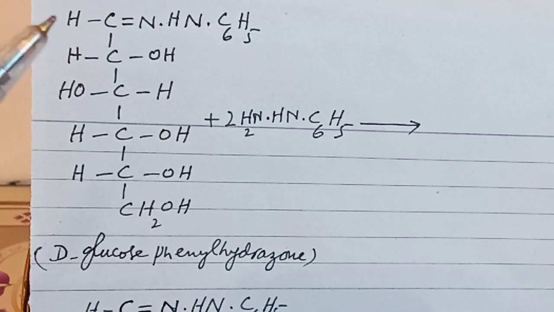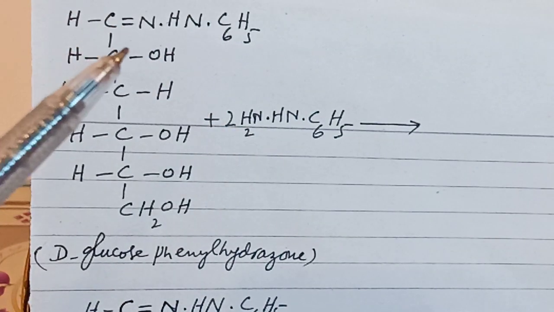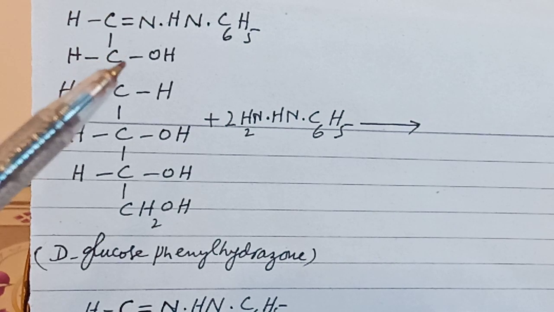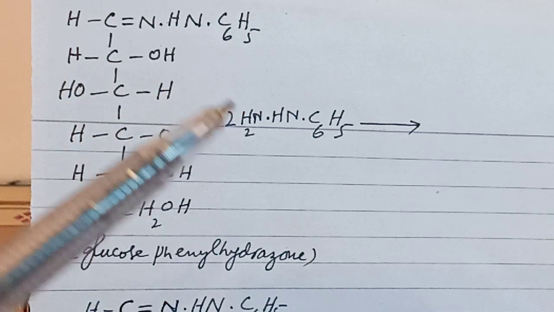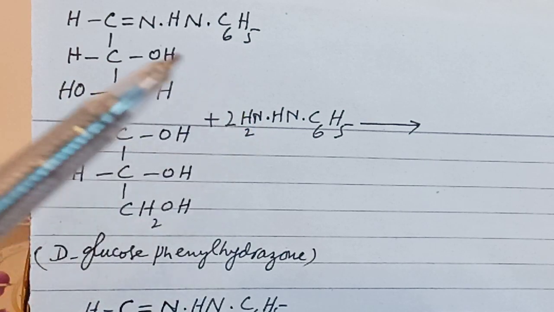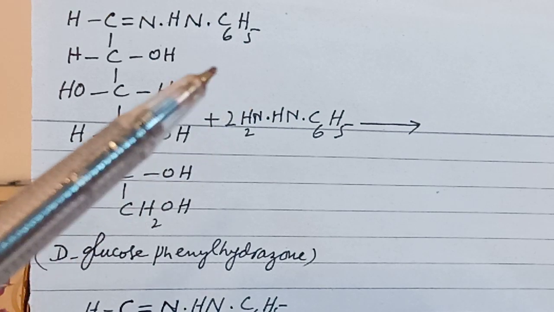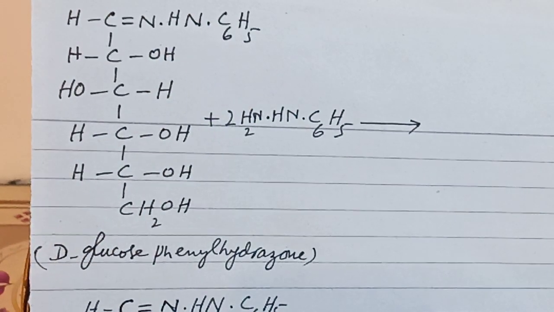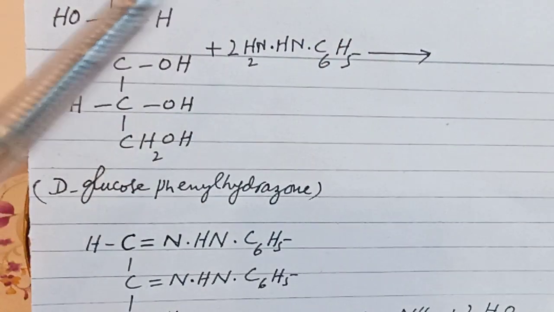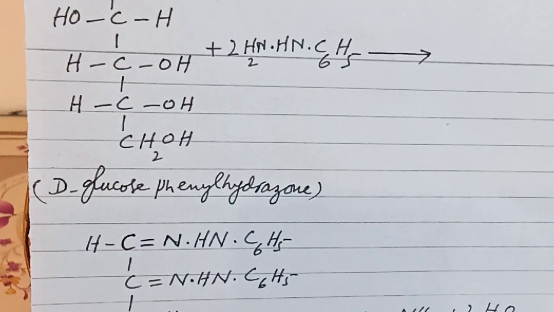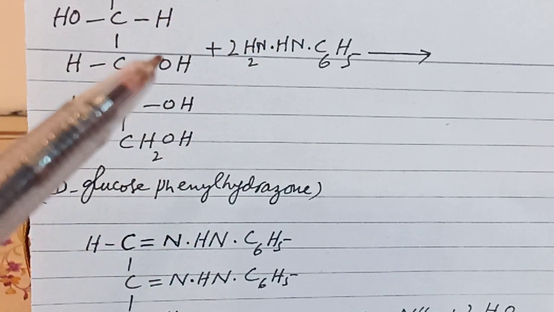Now, in the second step, the remaining 2 molecules of phenylhydrazine will react. So now the turn will be of the second alcoholic group of this D-glucose phenylhydrazone, that will share the bond with this nitrogen of this carbon. Therefore, again you will observe here the lower side structure, C6H5NH and N. So here 2 hydrogen will react with this oxygen.